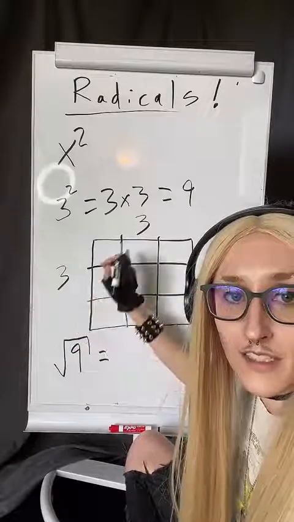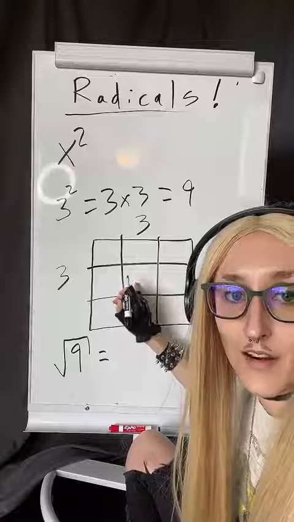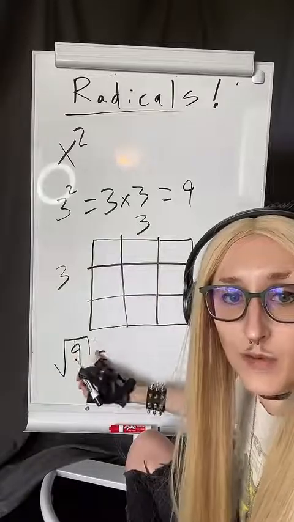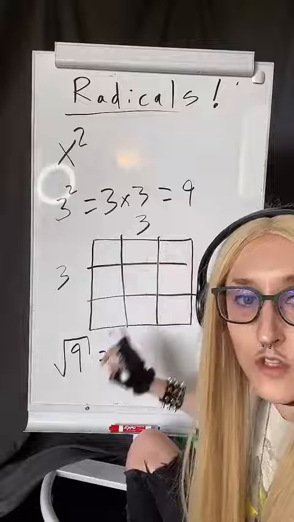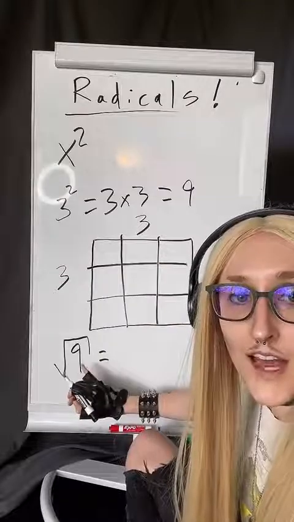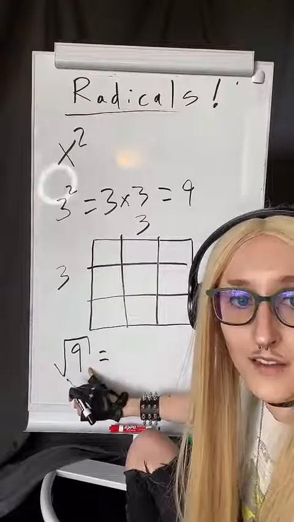What side lengths would there be to the square? That's why we call it a square root, because I'm asking what side lengths would make a square that holds 9.